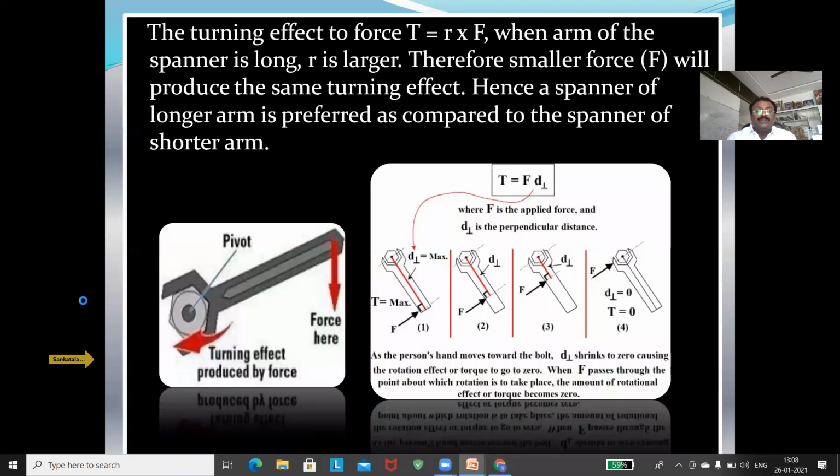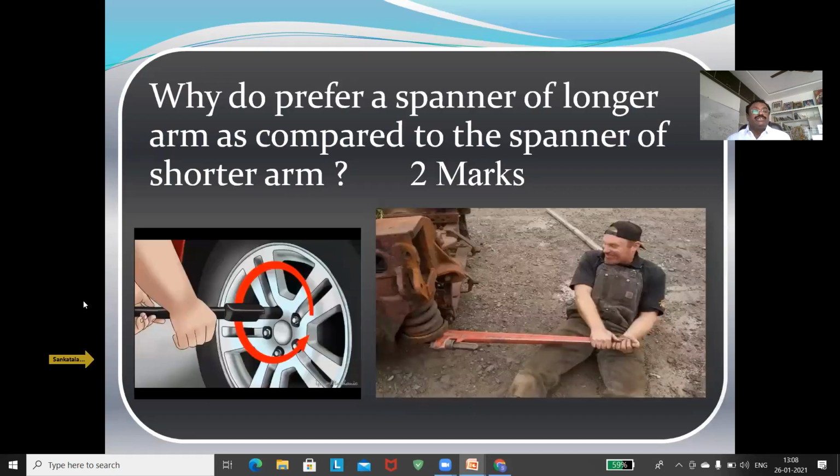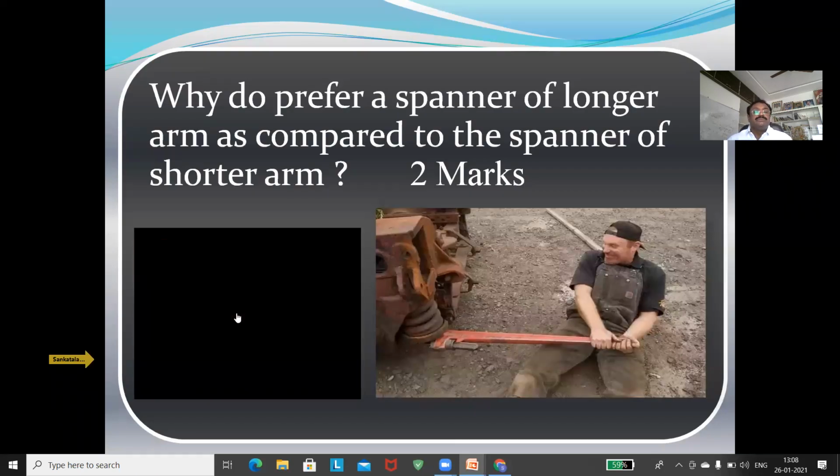And another beautiful question. Why do we prefer a spanner of longer arm as compared to a spanner of shorter arm?